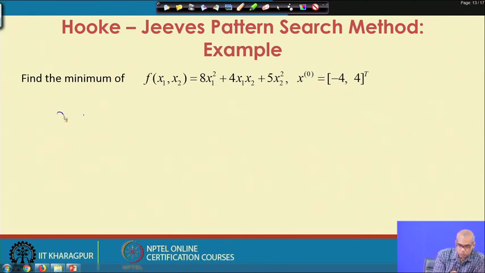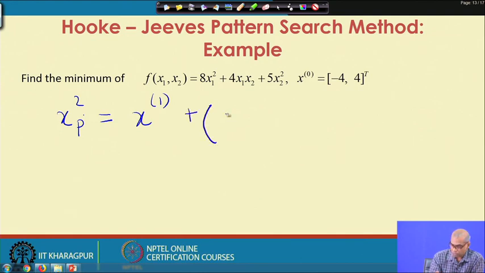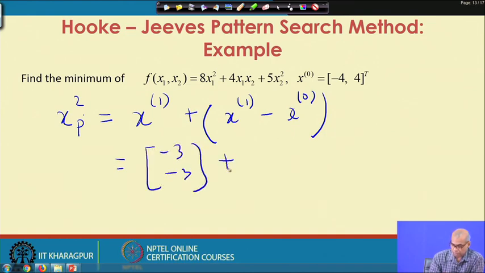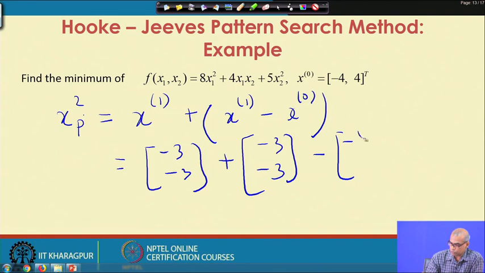The pattern move will be done as x 1 plus x 1 minus x 0. If you remember, x 1 is -3, -3 and the initial point was given as -4, -4.